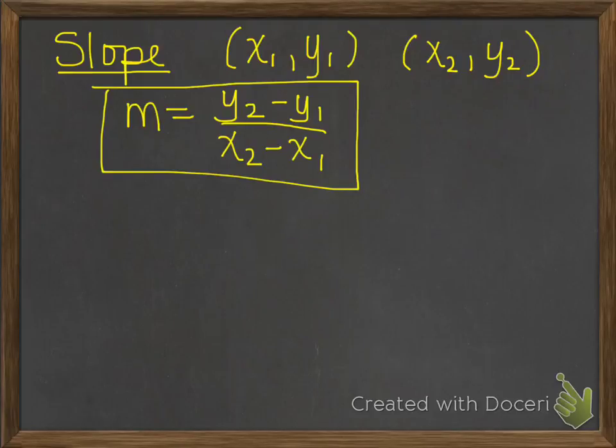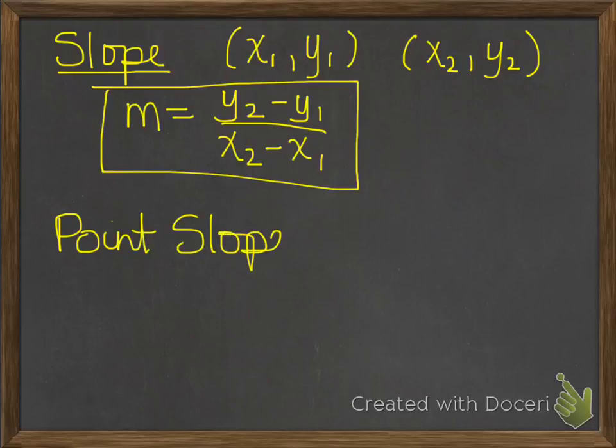Okay, so there's another form for a linear equation, and it's called the point slope form. We've had slope intercept form, where we could find the slope and the y-intercept really easily.